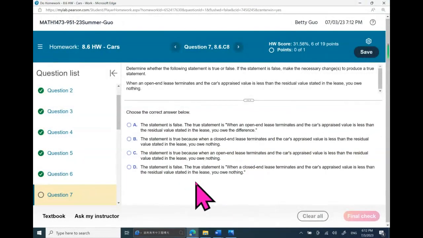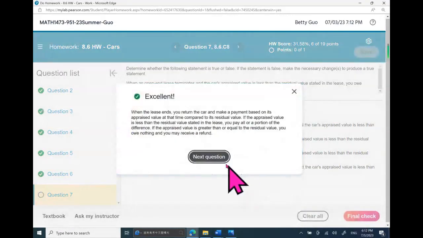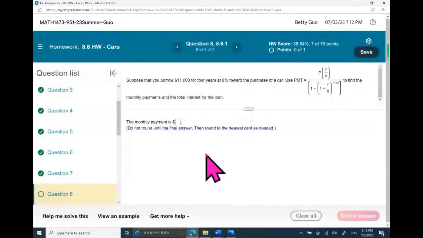How do we fix it? The true statement is when an open-end lease terminates and the car's appraised value is less than the residual value, you owe the difference. Yeah, it should be this one. The contract always makes you pay whatever you need to pay.